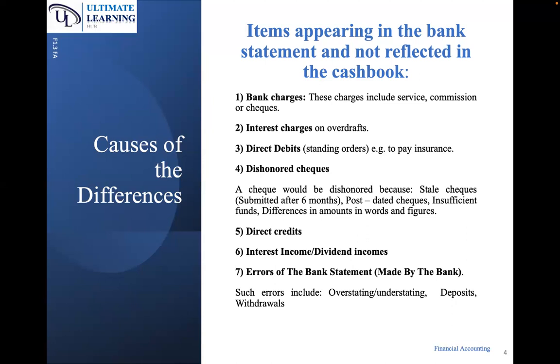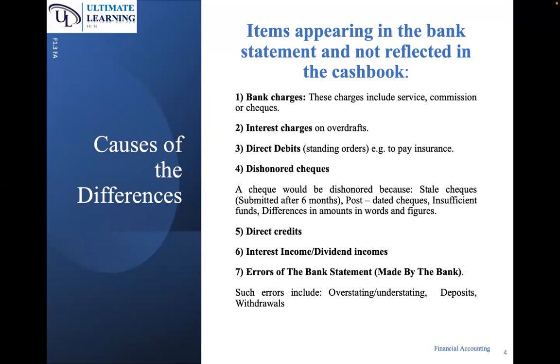Number three, direct debits. An example is what we call a standing order. For example, as a business, we may instruct the bank to be deducting some money to be making some payment on our behalf regularly, maybe on a monthly basis. Maybe there is an insurance premium to be paid.